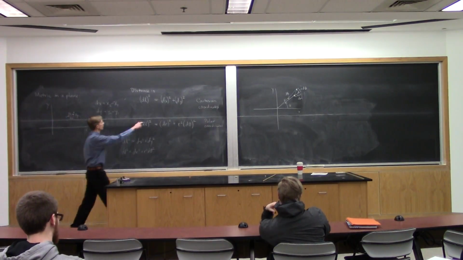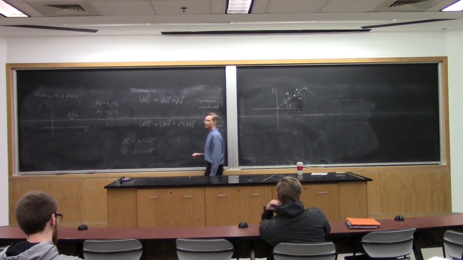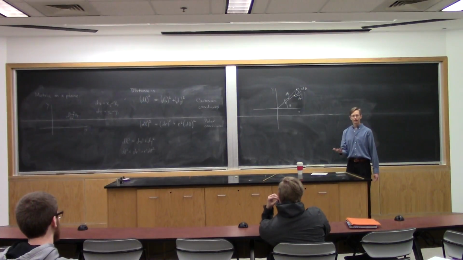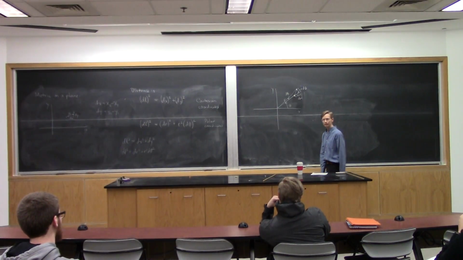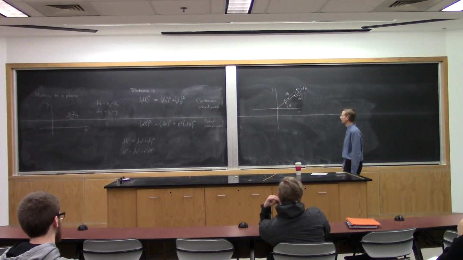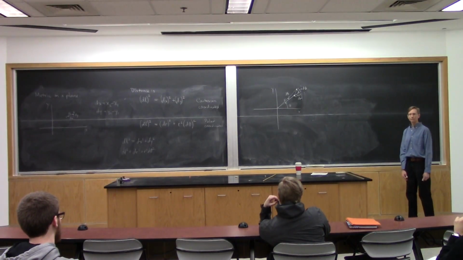So this formula, or this formula, is a specification of what we call the metric, the distance measure in the plane, in the Cartesian, or Euclidean plane. And not every plane has a natural distance measure.